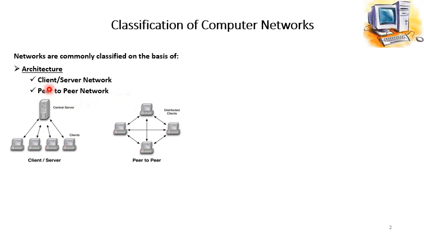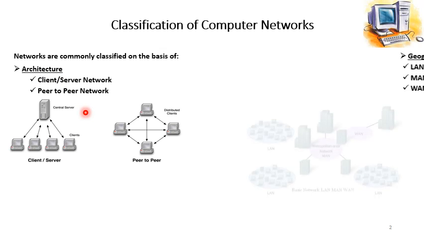In your book, the client server network is discussed in more detail, but as a whole we studied that the network is divided into client server network and peer-to-peer network as far as its architecture is concerned.